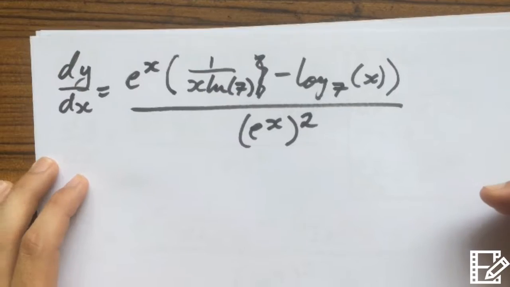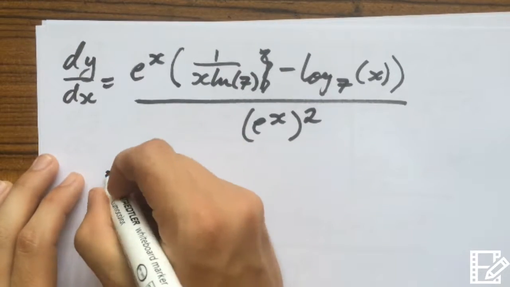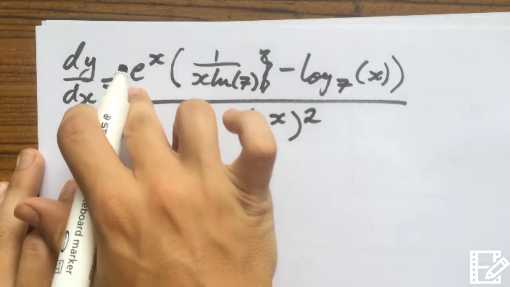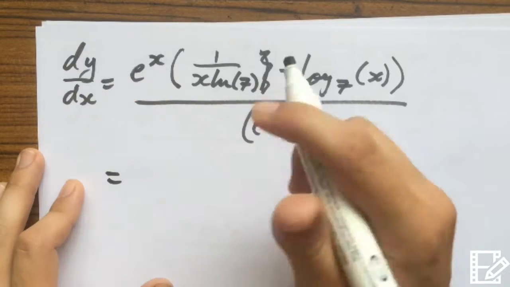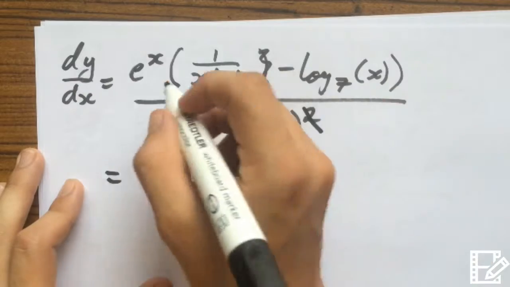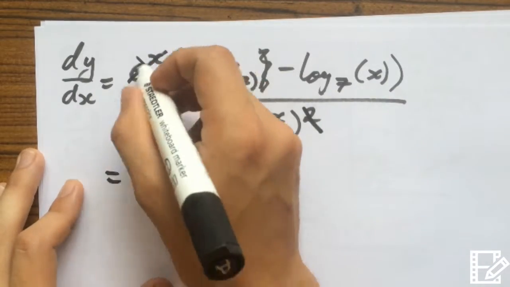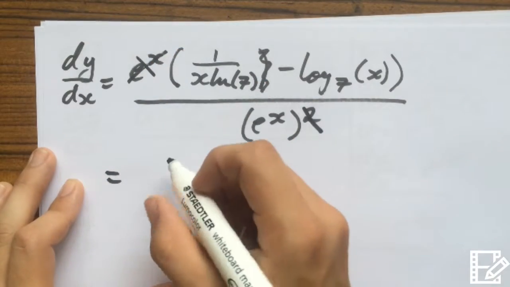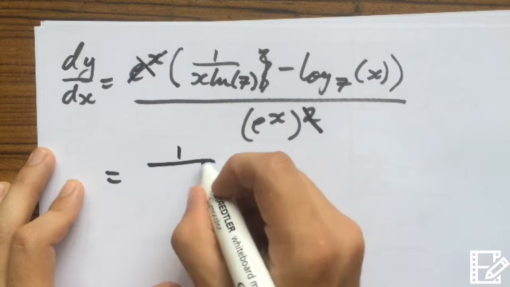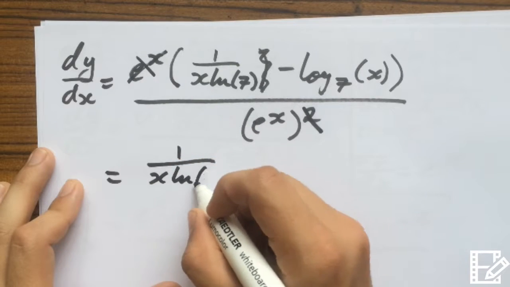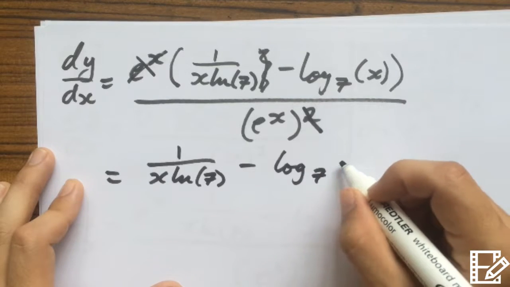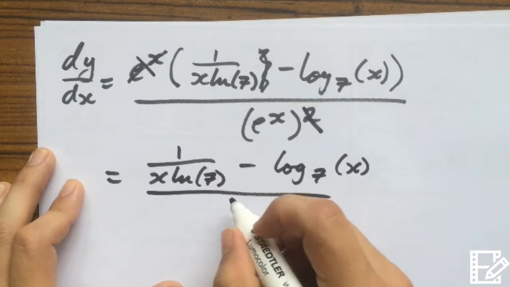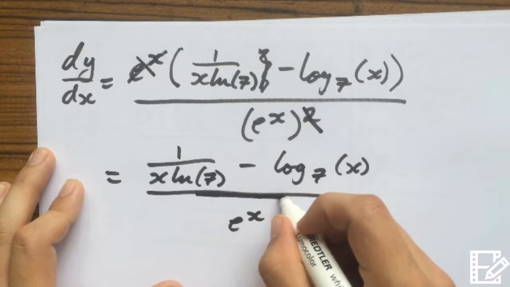Anyway, so now that we've got e to the x on its own, and it's over e to the x squared, we can take 1 off this power and take 1 off this power, which will get rid of the whole thing. And we'll be left with 1 over x ln 7 minus log to the base of 7x all over e to the x.